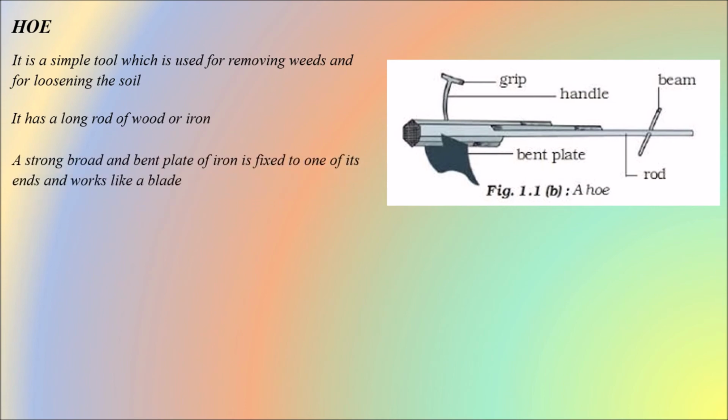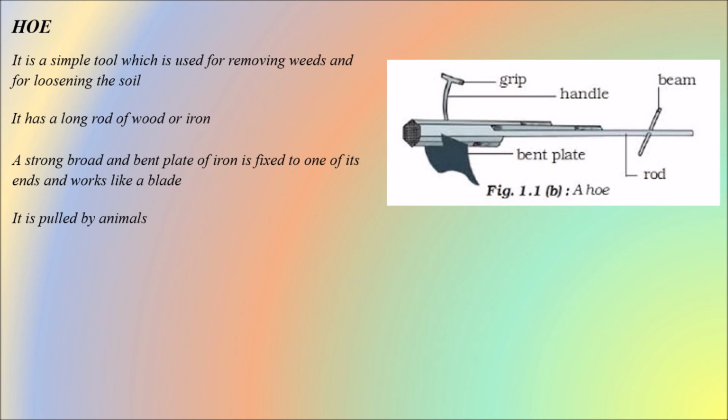A strong, broad and bent plate of iron is fixed to one of its ends and works like a blade to remove the weeds or loosen the soil.